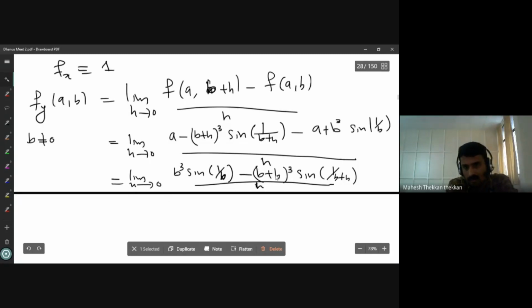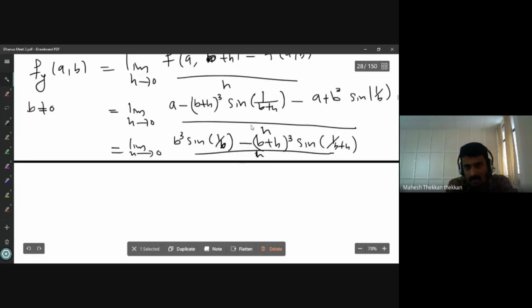You can take the derivative with respect to h in the numerator. Again, the denominator term will turn out to be 1. It is of the form 0 by 0. This is a single variable case as h tends to 0, right? It's a function of h in the numerator and a function of h in the denominator. You can compute the limit. You can say this will exist. So that you can directly do by L'Hospital rule.